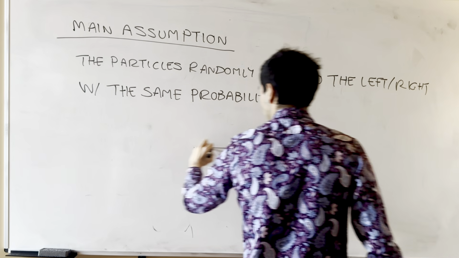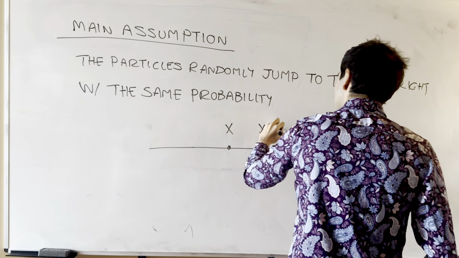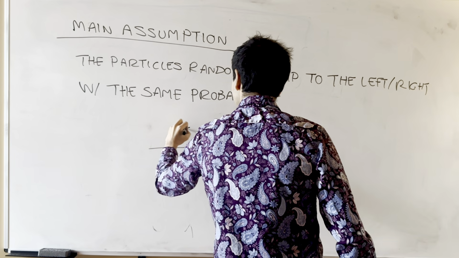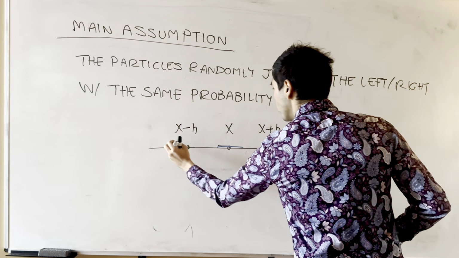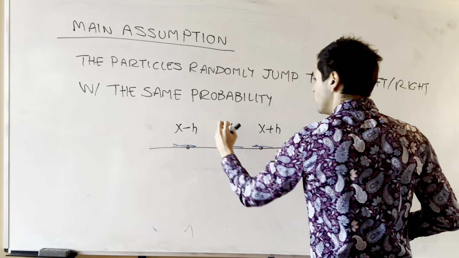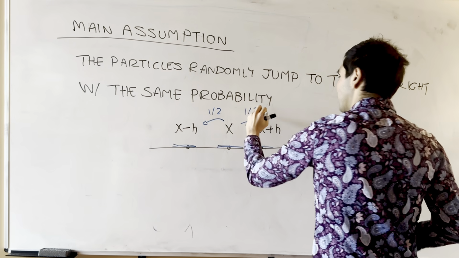So once again, just to recap the picture, we have x, and we have the neighborhood x plus h, and x minus h. So the chance that you move to the left is 1/2, and the chance you move to the right is also 1/2.